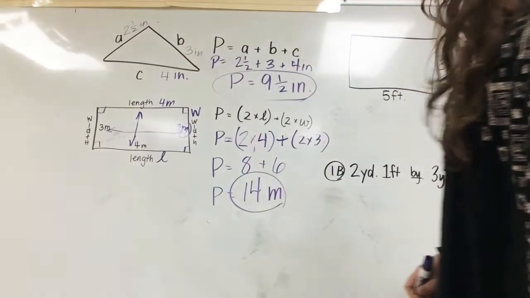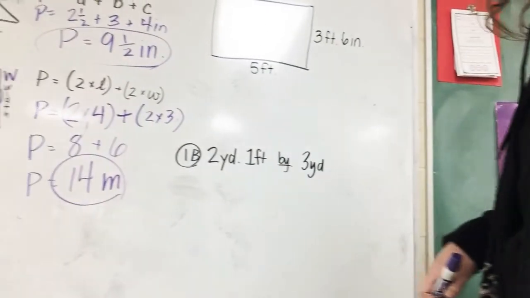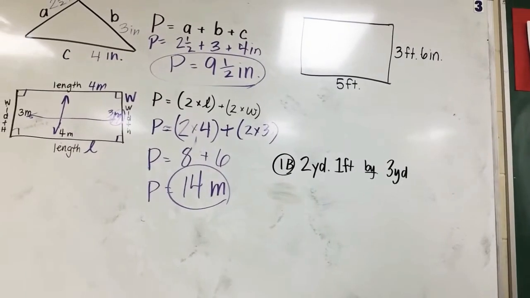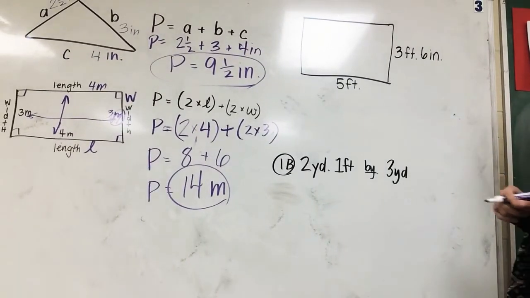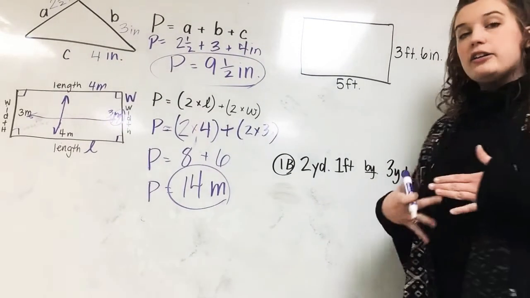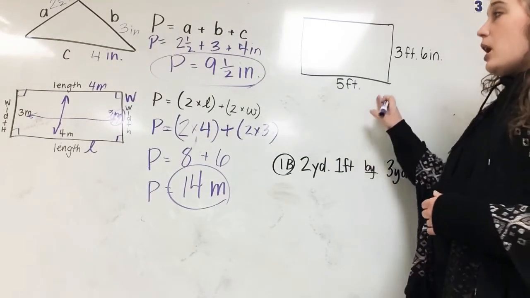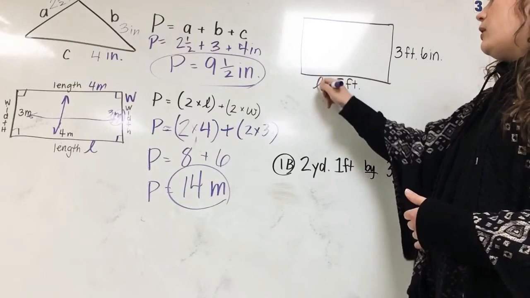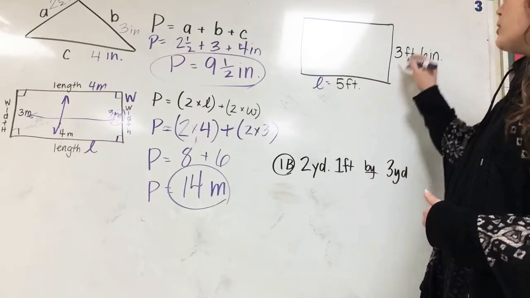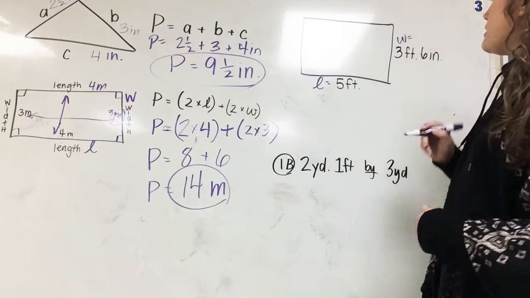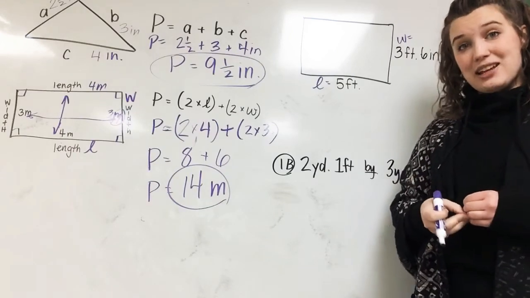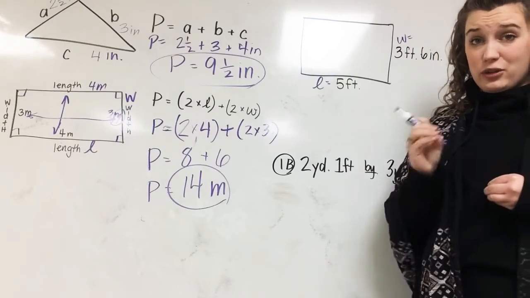I'm going to move the camera over here because we're going to get a little bit harder and a little more complicated. Sometimes you're going to have to convert measurements in your head or as you go when you're solving for the perimeter. So this one, our length is 5 feet and our width is 3 foot and 6 inches. Now there's 2 different measurements, 2 different units.